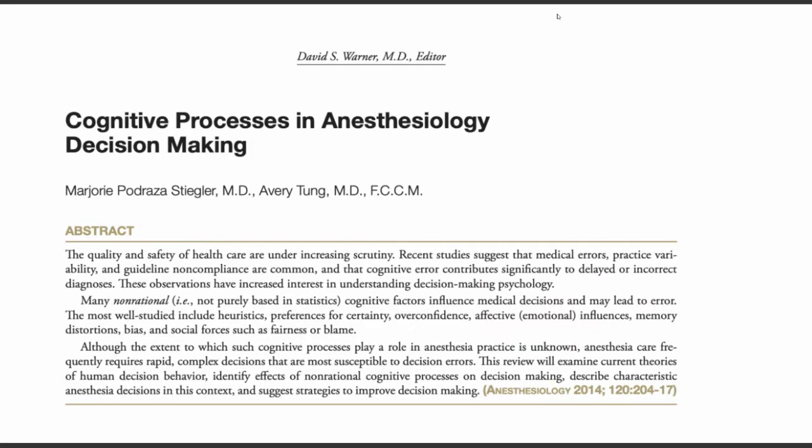I have to highlight the work of Dr. Marjorie Stiegler. Cognitive processes and the discussion of cognitive bias and errors are very much part of the anesthesiology world. You're more than welcome to take a look at this article.